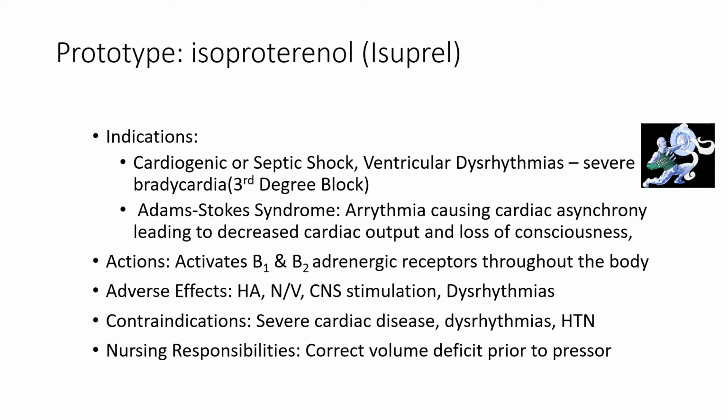So if you hear, can you please get me this inotrope? Well, that would be something like dopamine or isoproterenol. Can we get a norepinephrine drip going? That's a vasopressor.